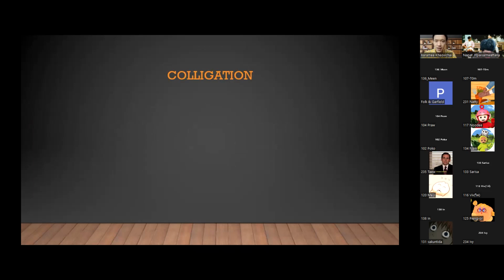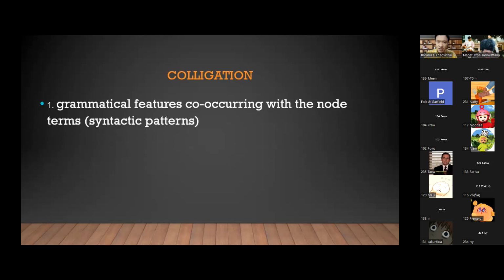Next is the idea of colligation. Colligation is basically the grammatical relationship between a word and its surrounding context. When we look at a word, we can look at the grammatical features or the syntactic patterns that tend to occur with the node term. For example, the word responsible tends to be followed by a preposition, the preposition for, responsible for.